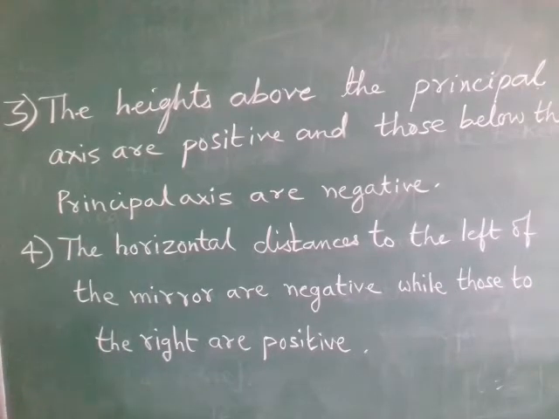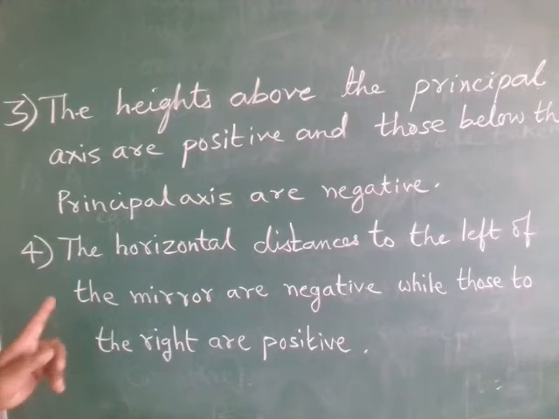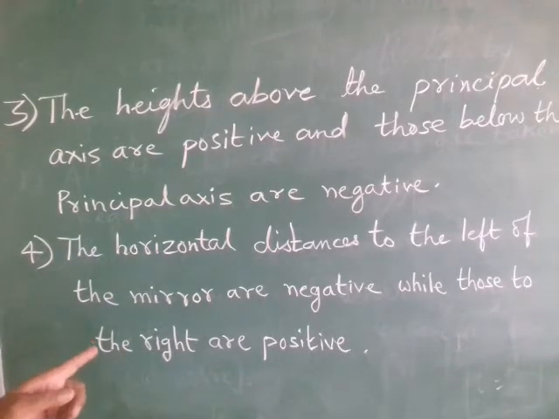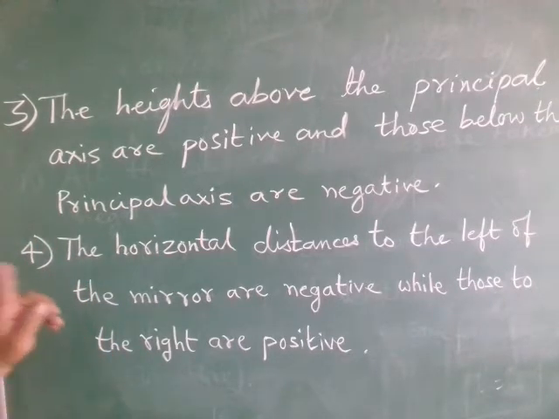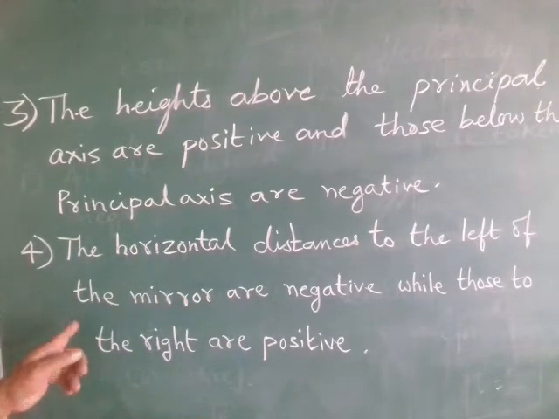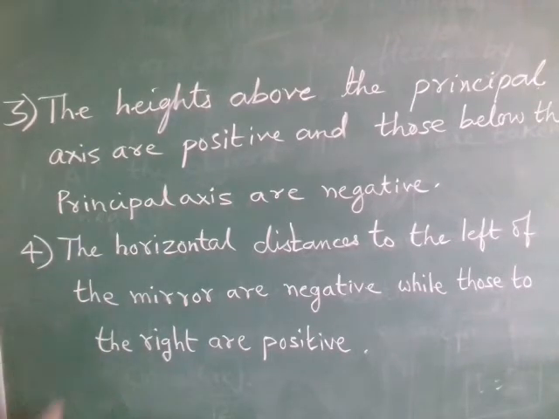The third: the heights above the principal axis are positive and those below are negative. And the fourth: the horizontal distances to the left of the mirror are negative while those to the right are positive. Take these sign conventions down and make a note in your fair book.